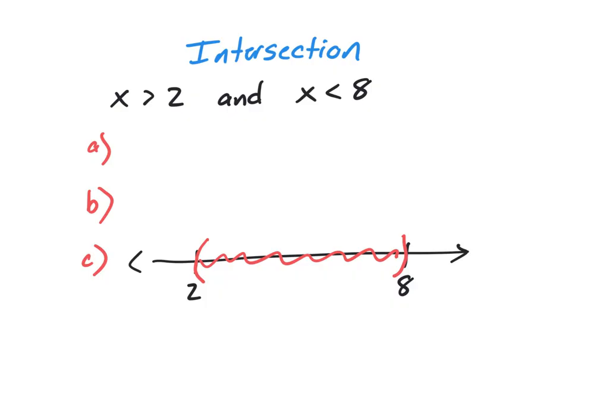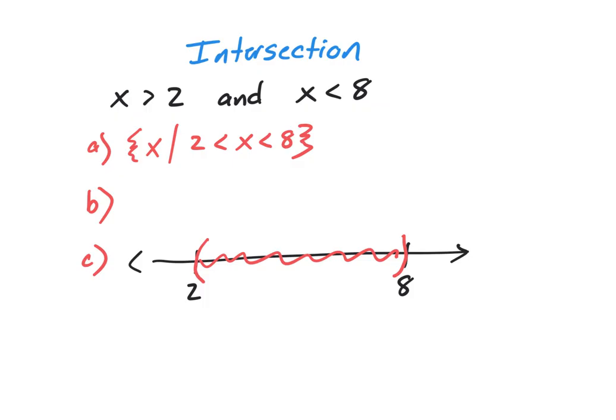Okay, then when I go up here to my set builder notation, x such that, and then here's how we're going to write it. With an and statement, we can combine these two together and rewrite it like this.